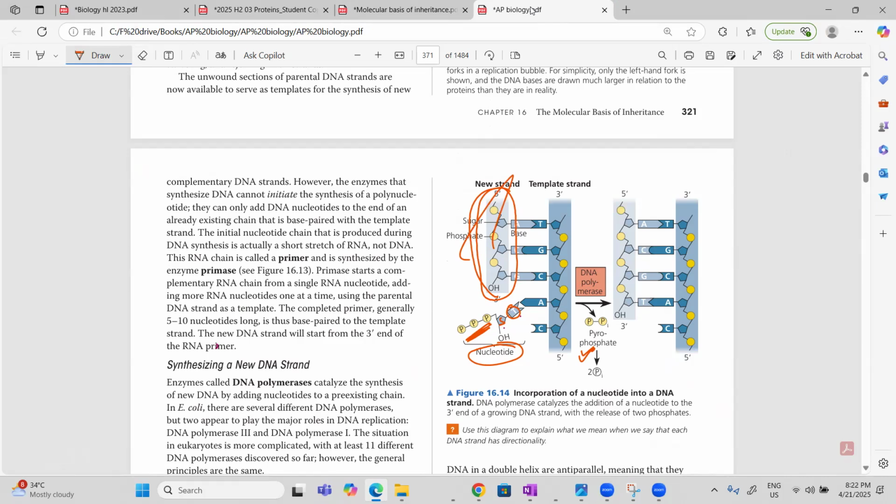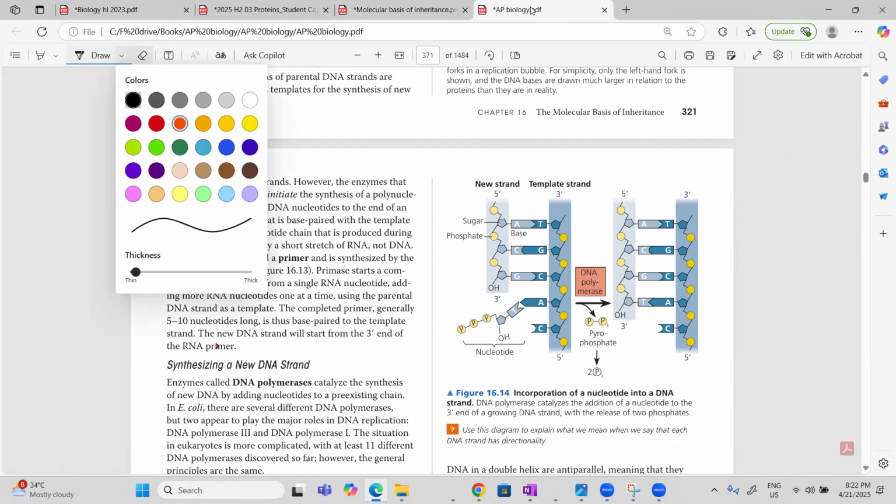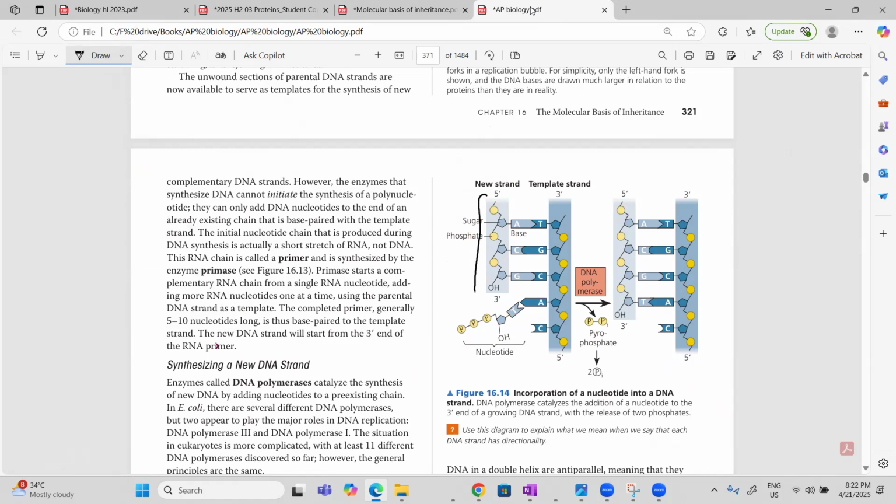So DNA polymerase cannot initiate on its own. It can only add on an existing strand, and the existing strand is made by RNA. This is a short RNA primer with a 3' OH, so they are able to add. Clear? Now I'll just show you.